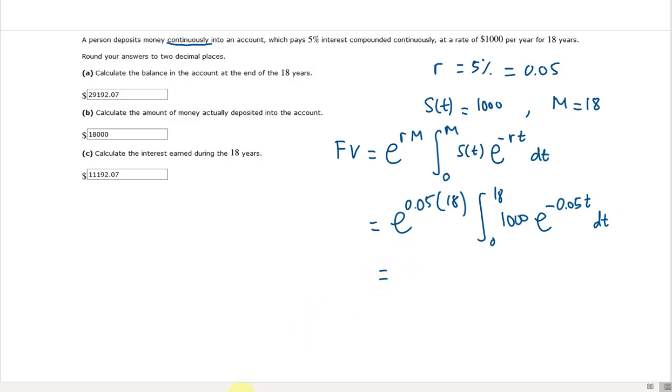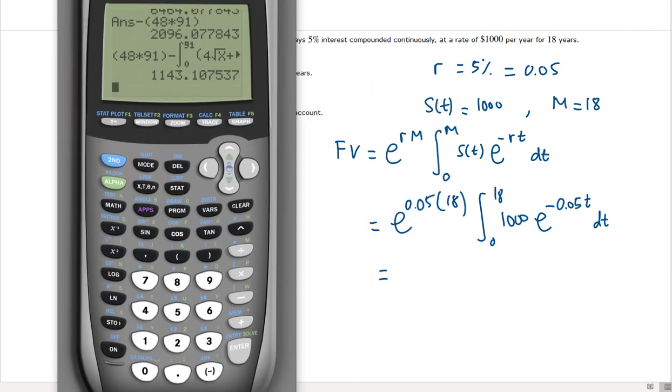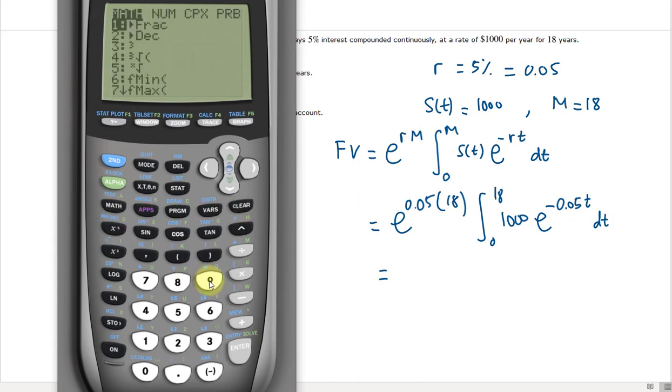Okay, let's try that. We have the integral, math 9, 0 to 18, 1,000, and then e to the minus 0.05, t is this x variable, and dx.